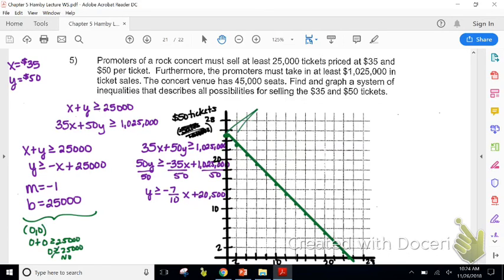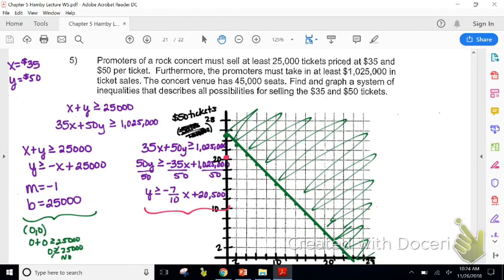Imagine just laying down. So it's not included, so shade away from it. Kind of reminds me of a heartbeat. Little monster thing.